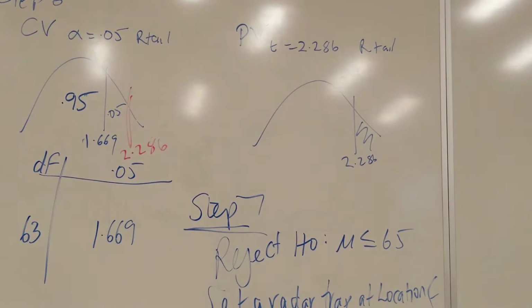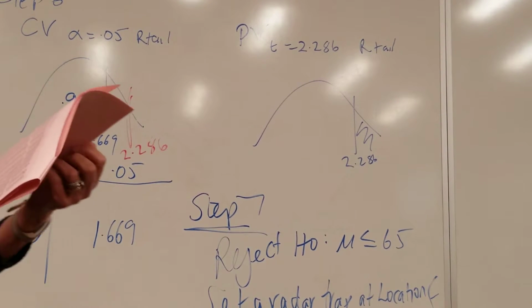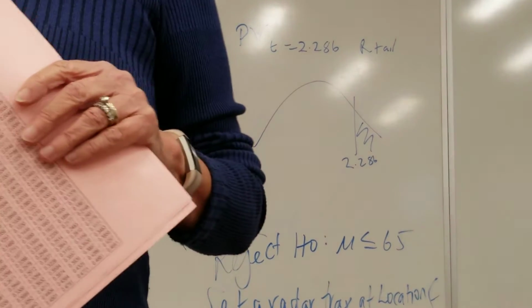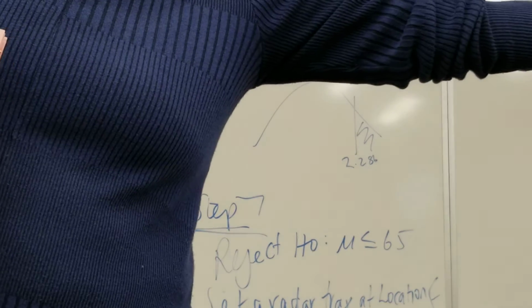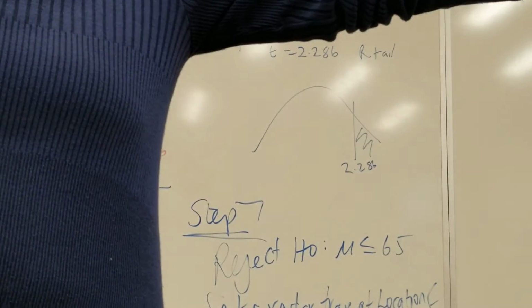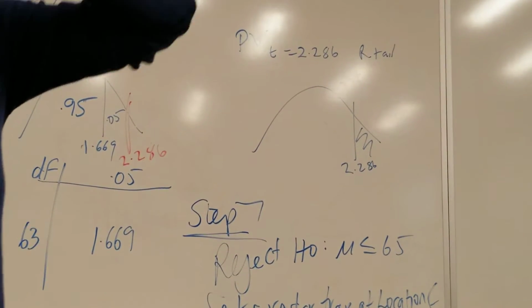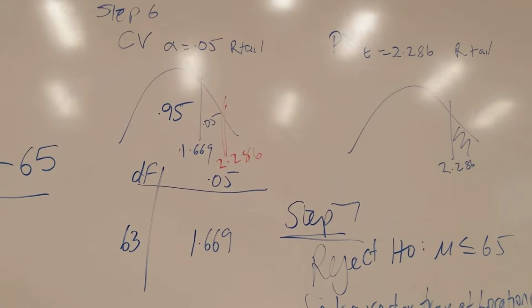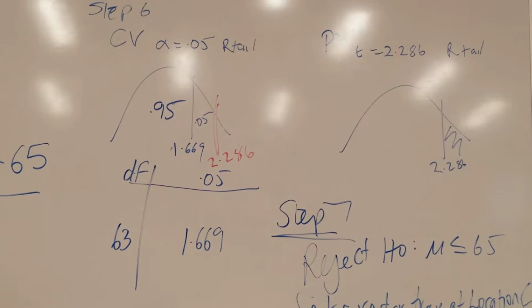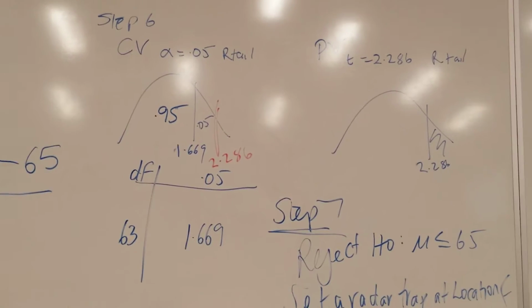When we're looking up z areas on z-scores, we have so many z-scores to pick from, negative 3.59 all the way up to 3.59. We have hundreds to pick from. That's not the case with t-scores. I've got 10 to pick from.